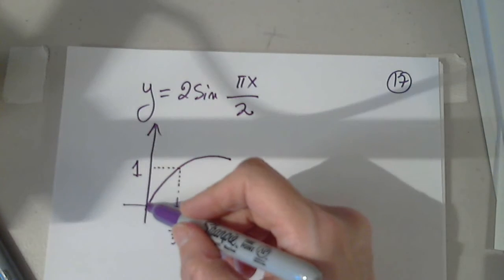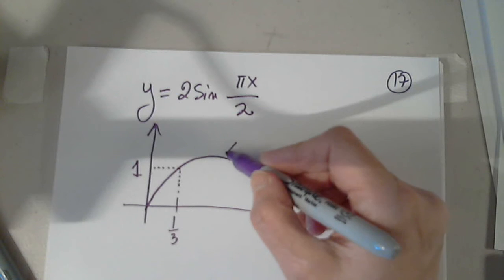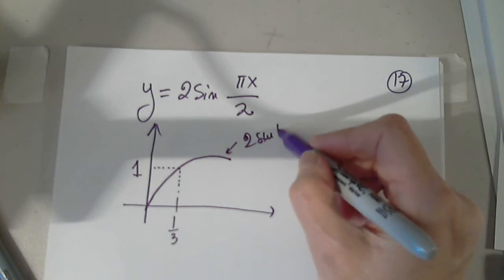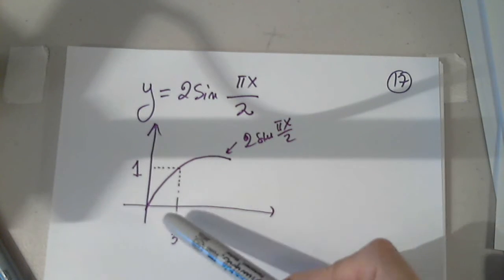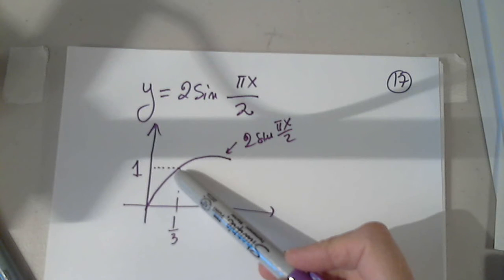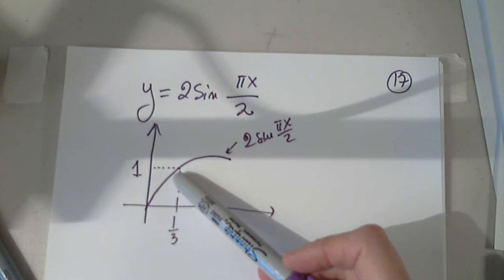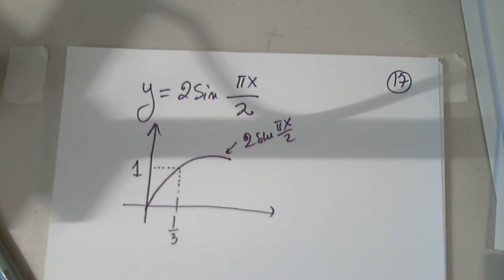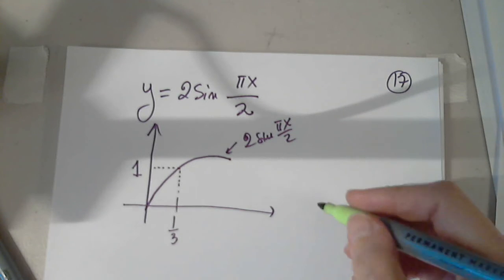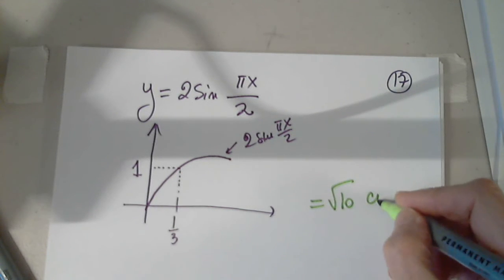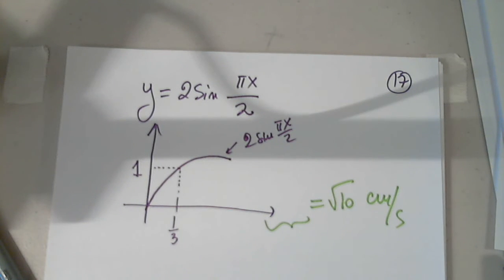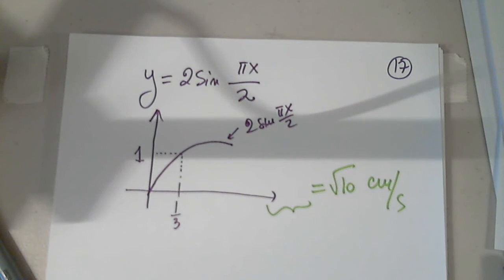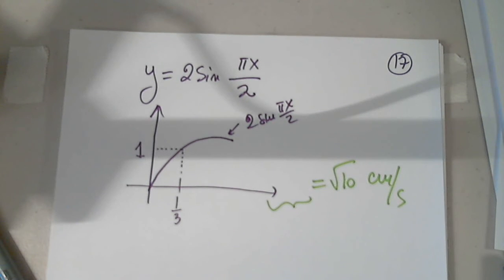So as the particle moves along this curve, and this is the curve of 2 sine pi x over 2. As the particle passes through this point, its x coordinate increases at a rate of the square root of 10 centimeters per second. And you'll tell me what this is. How fast is the distance from the particle to the origin changing at this instant?